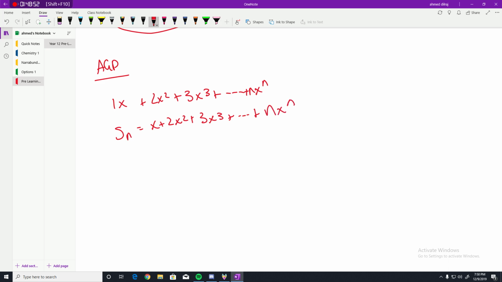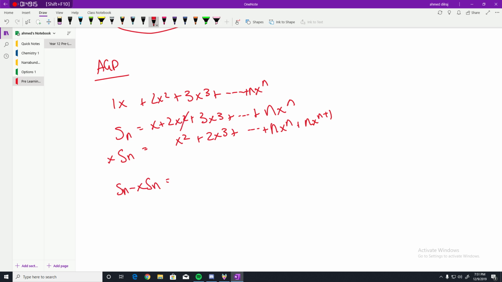So we multiply everything by x. We get x Sn, equal to x squared plus 2x cubed plus all the way to (n minus 1)x to the n plus nx to the n plus 1. We subtract these two equations, so we get Sn minus x Sn.